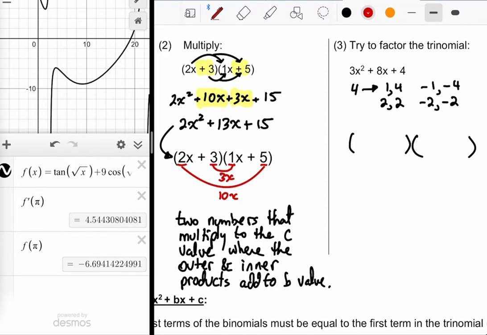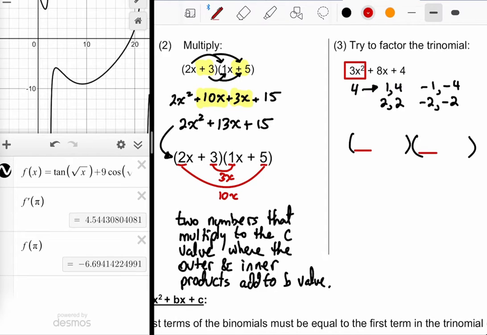Now we kind of neglected this because in this case the leading coefficient of 3, since it's prime, there's only so many ways that could play out. But we should actually also look for factors of the A term as well. Because we need our first 2 entries to multiply to 3x squared.